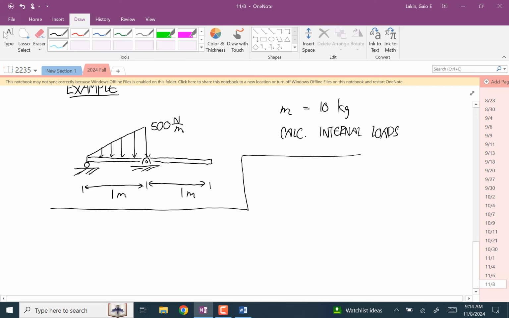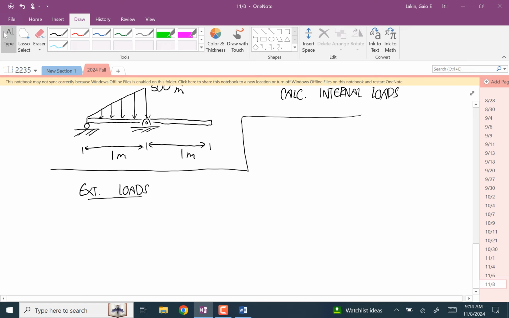All right, so what's the first step? Calculate the external loads, yep. And so for that, this is just a really simple rigid body problem.